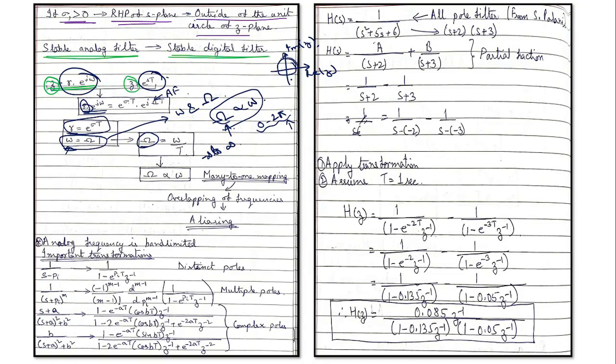So there is a fallacy over here, and what is the fallacy? The fallacy is many to one mapping. On one hand, we are saying that the analog frequency is directly proportional to the digital frequency. That's good, so that should be one-to-one mapping. However, due to the limitation in the digital plane, that is the Z plane, we come to a condition where we have many to one mapping.